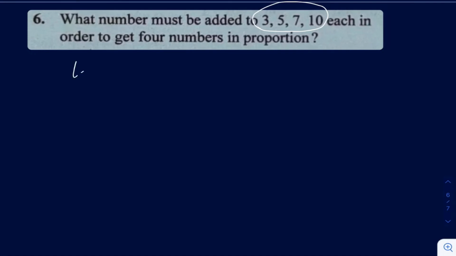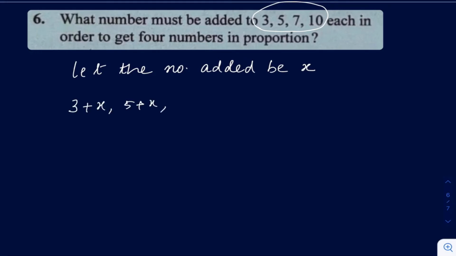So you will write: let the number added be x. So if you add x to all these numbers, they will automatically come in proportion. So now these four numbers are in proportion.